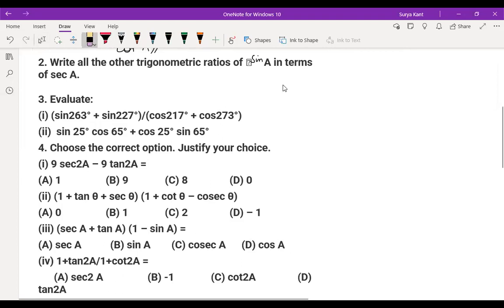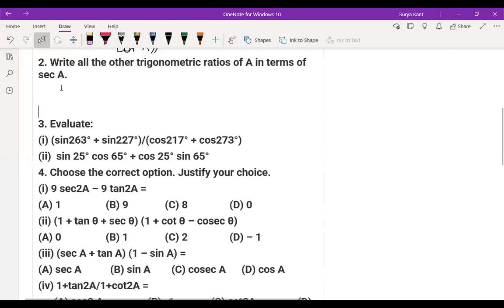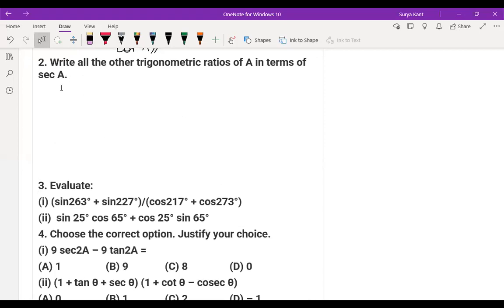Is the question the same or something different? Write all the trigonometric ratios of A in terms of sec A. It means that you should write sin A, cos A, tan A, everything in the form of sec A.